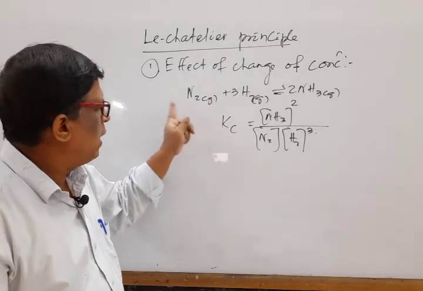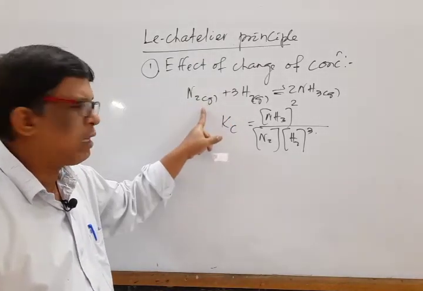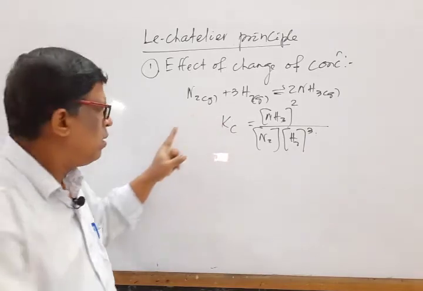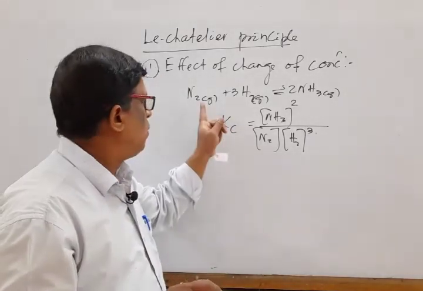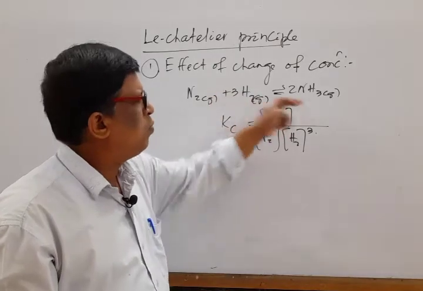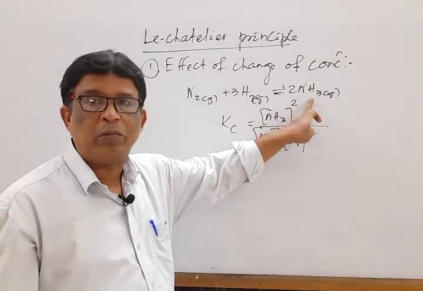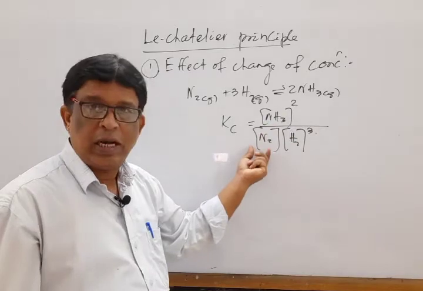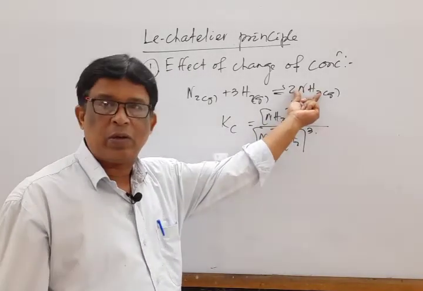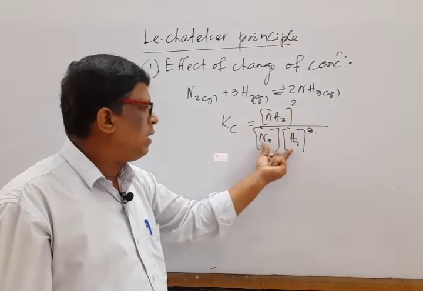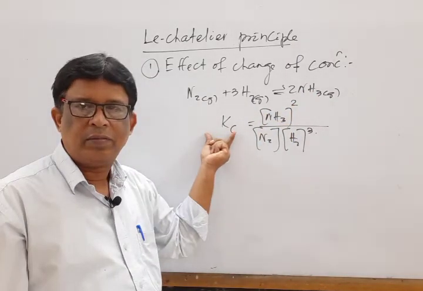If we increase the concentration of any one reactant, then the extra concentration that is added makes the reaction move forward, forming more amount of the product, and as this concentration increases, this value also increases. Increase by increase, it remains constant.